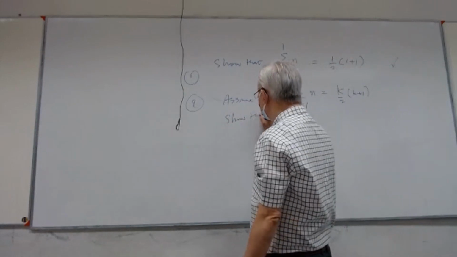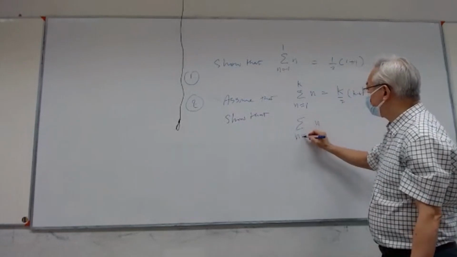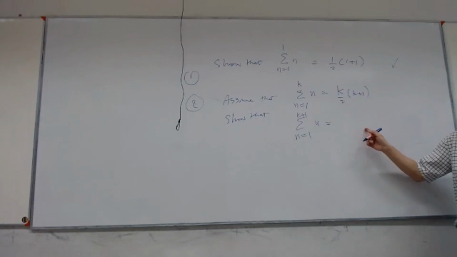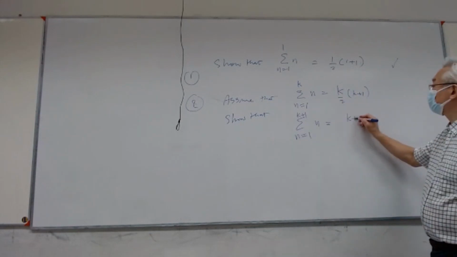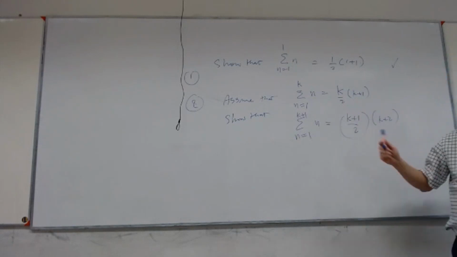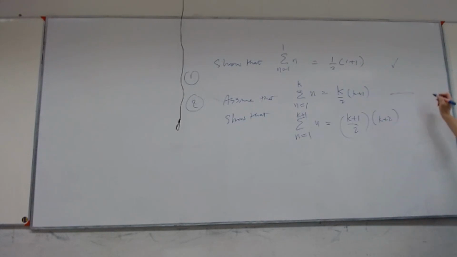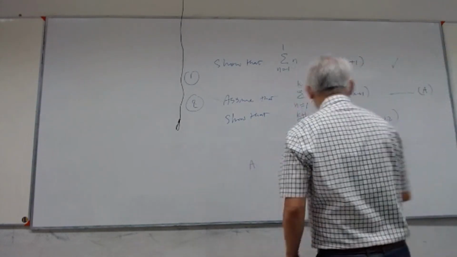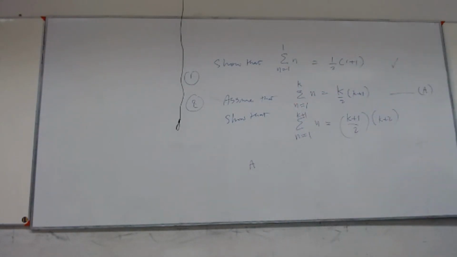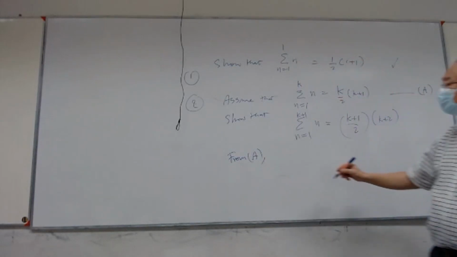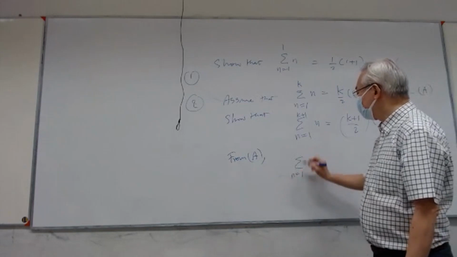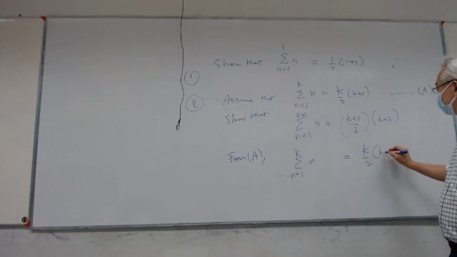Then we show the summation of n from 1 to k plus 1 is equal to what? You replace k by k plus 1 according to the formula we want to prove. This is what we have to prove. So start from A(k). From this statement, the summation of n from 1 to k is equal to k over 2 times k plus 1.